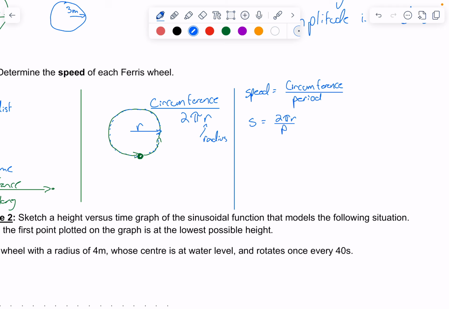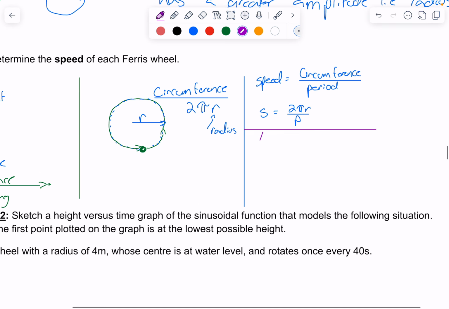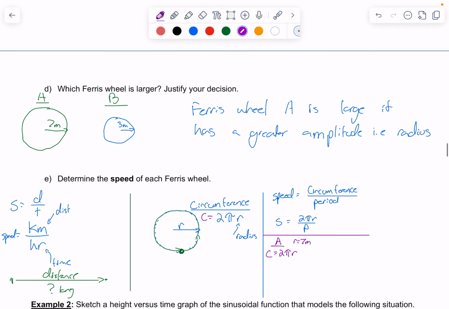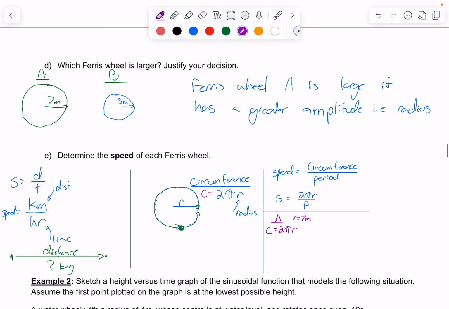So if we compare our different Ferris wheels, for Ferris wheel A, our circumference, C, equals 2 pi r, and r is 7 meters from before, right? We have a 7 meter wide Ferris wheel.